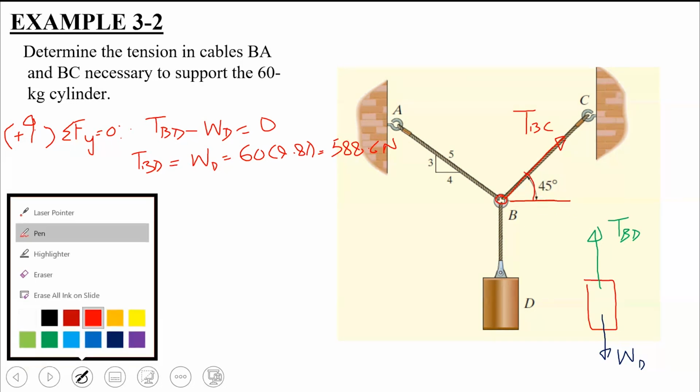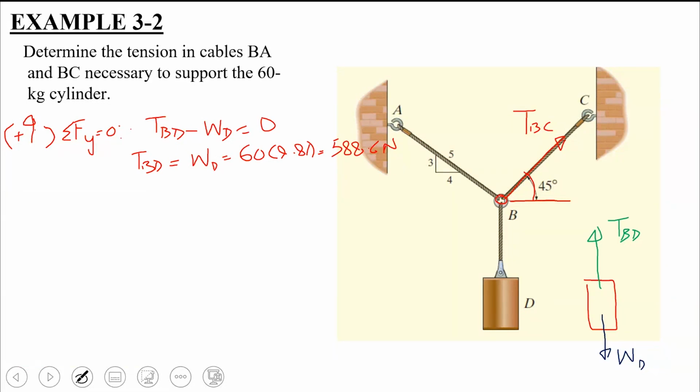The second force acting on this ring B is TBA, that is tension in cable BA. So आपके पास TBA force आ गई है, which is acting in cable BA, and its direction is represented by this smaller triangle, जो कि 3, 4, 5, उसकी length given है.